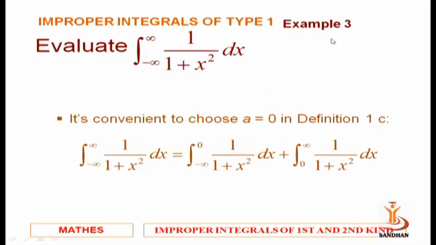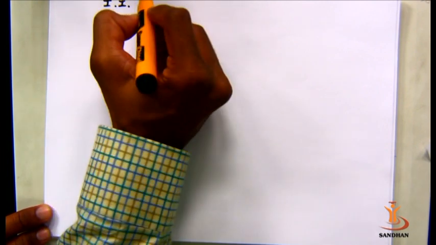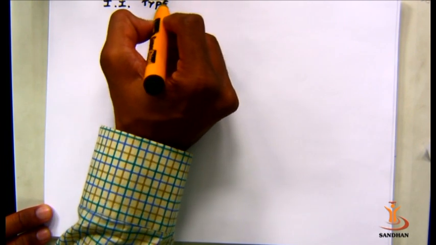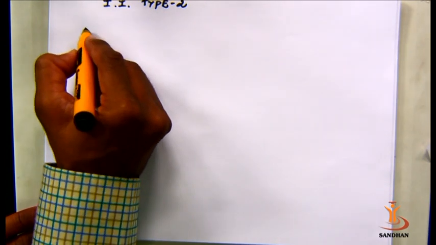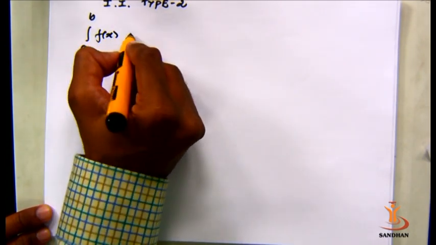Second example, this is example number 3. But before discussing example number 3, let me talk about improper integral type 2, and then we will continue with those examples. Improper integral type 2. Say we are given a to b f of x dx.